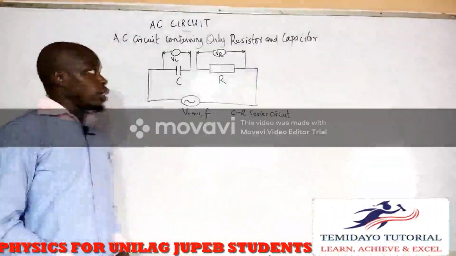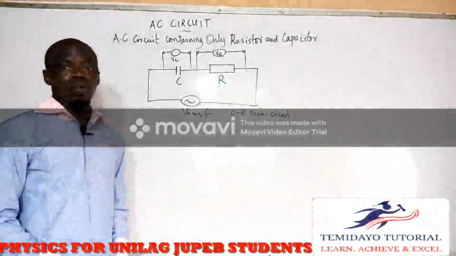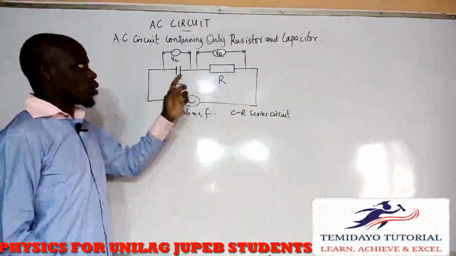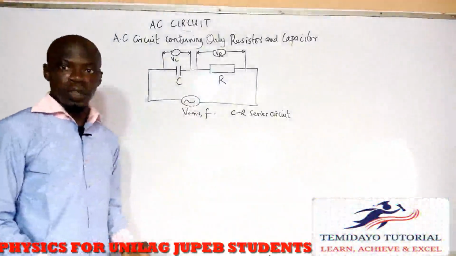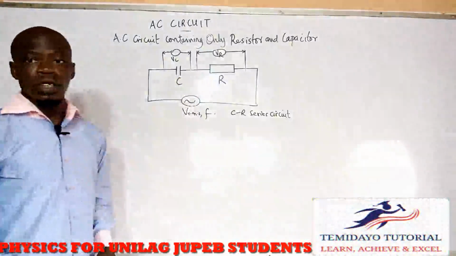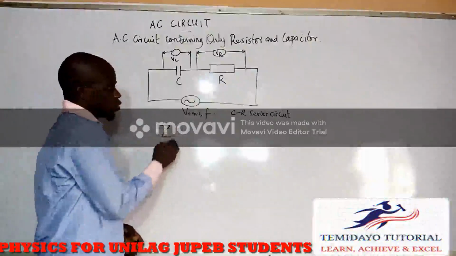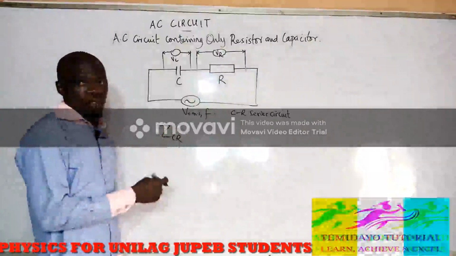Now, these are the relationships that you are going to come across when you are solving questions under this concept. In an AC circuit containing only a resistor and capacitor, remember what we said, that we are going to discuss the impedance. When you are talking about the impedance here, we are talking about the impedance Z for CR, that means the capacitor and the resistor.